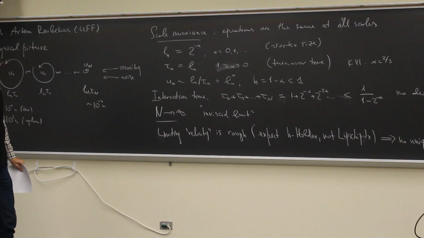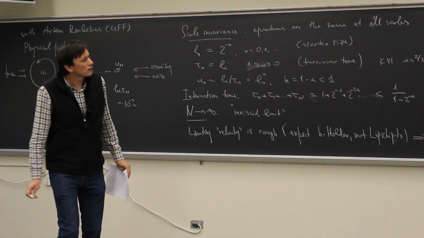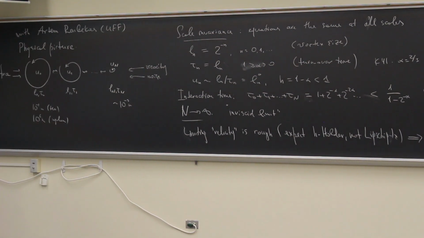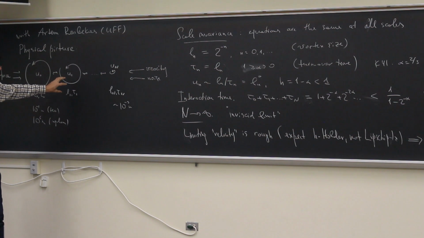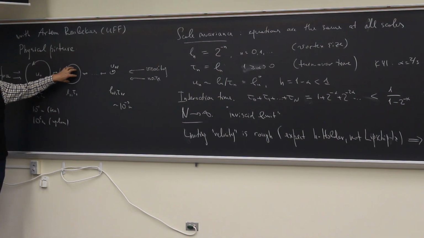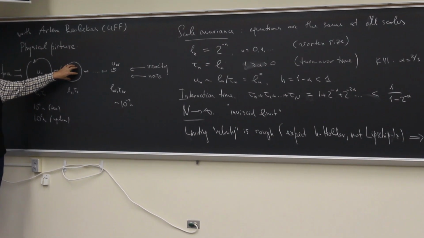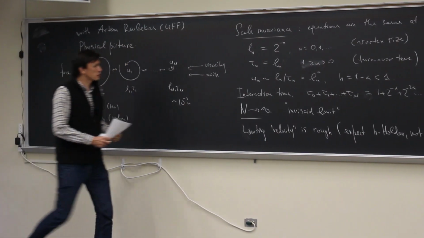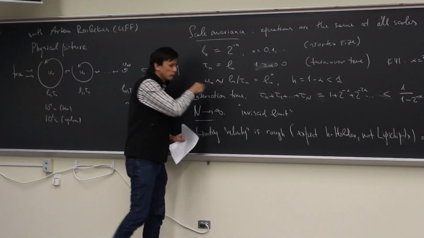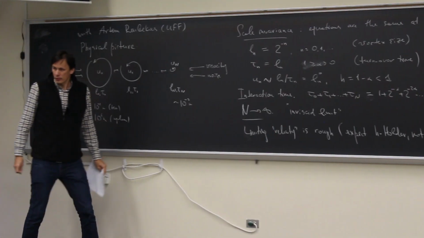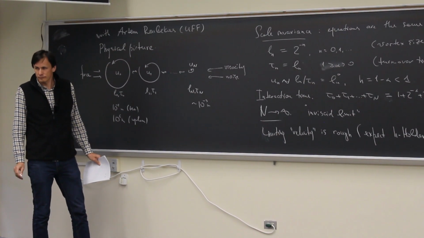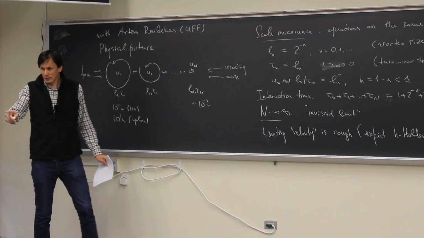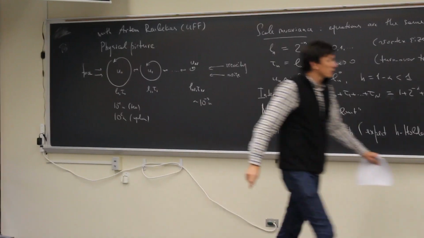I don't understand what this UN of T is. UN of T is the angle of the nth vortex at time t. But it's always 1? No, it's order 1. It will move, it will change. It's just order 1.